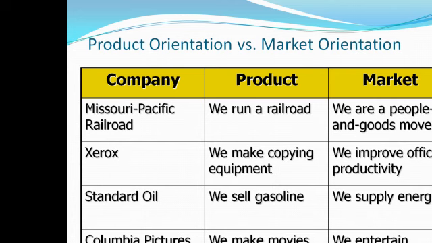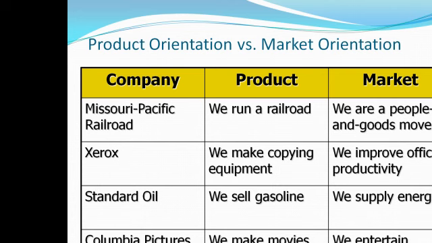We are a people and goods mover. Simple. So you know that your product is a railroad, but your market is the people, goods and cargo that they move. It gives you an idea, from a marketing point of view, of what your company is and what your product and market are.